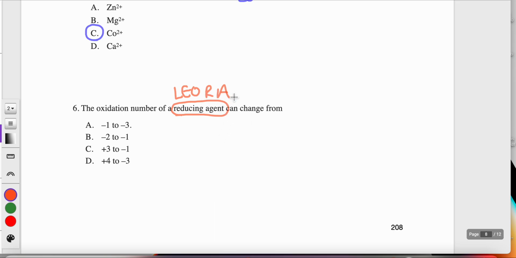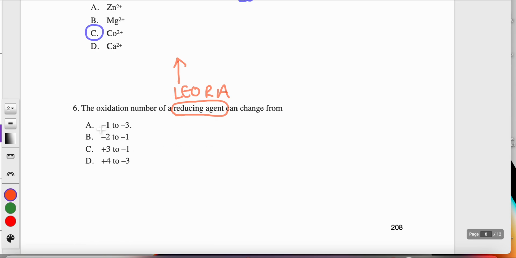So the reducing agent loses electrons to go through oxidation. The reducing agent loses negative charge and goes through oxidation. So if it's losing electrons, that means its oxidation state has to go up, has to be a higher value.